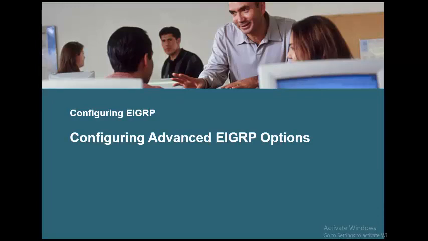Advanced EIGRP. As a first advanced feature, we are going to see summarization, which is very unique in EIGRP. We got two types of summarization in EIGRP. One, the global summarization, which is also called auto summarization.